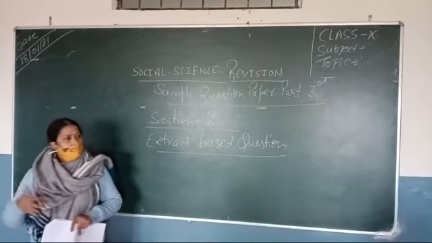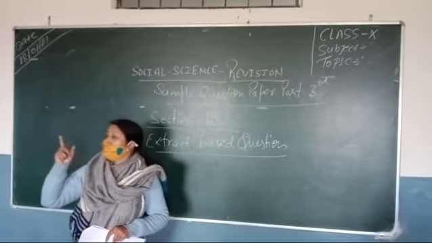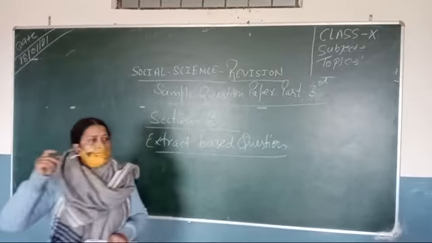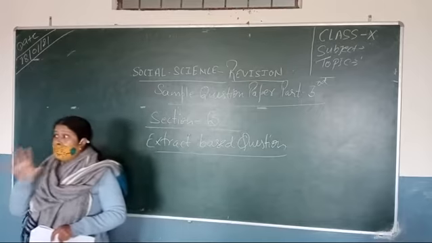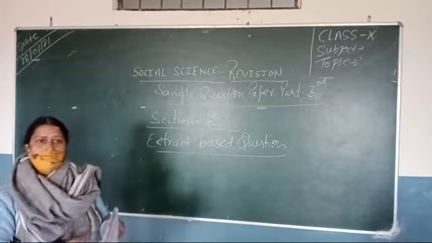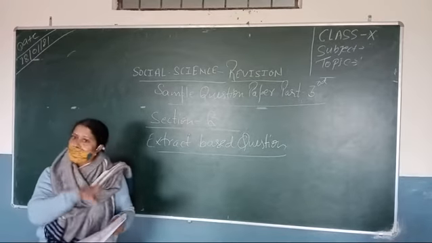And maybe for the question asked after the extract, when you recall that chapter, you will be able to give the answer, which is not clearly mentioned in the extract. Don't think that you will have the passage and then the answer will also be clear in the extract only.